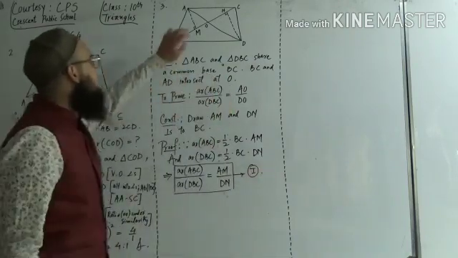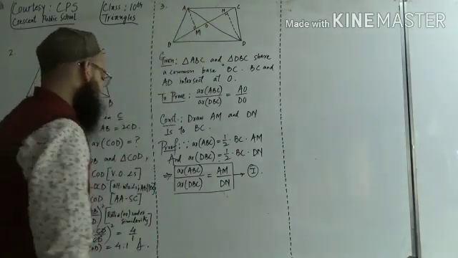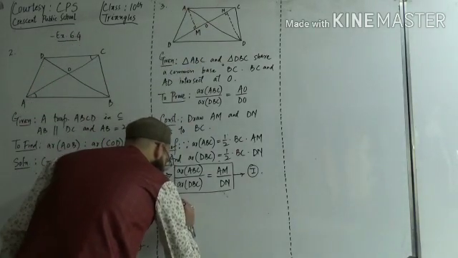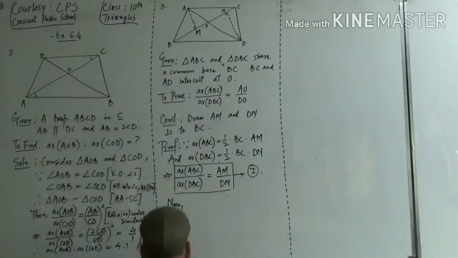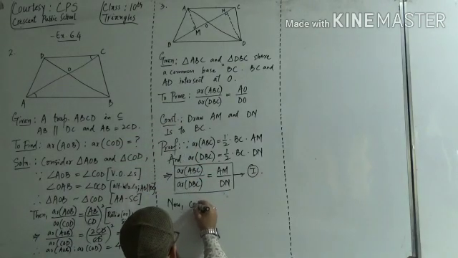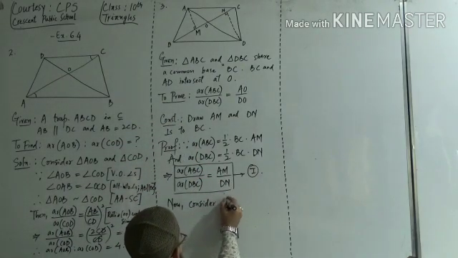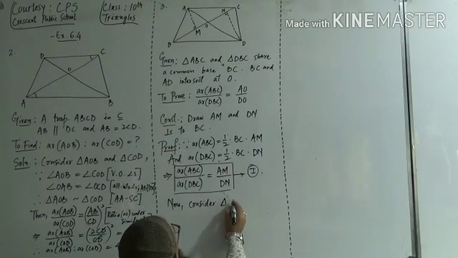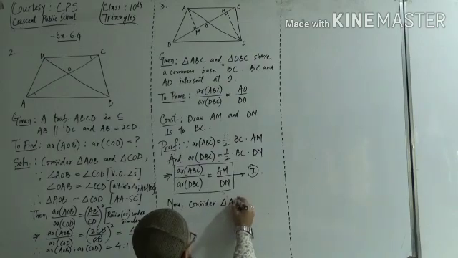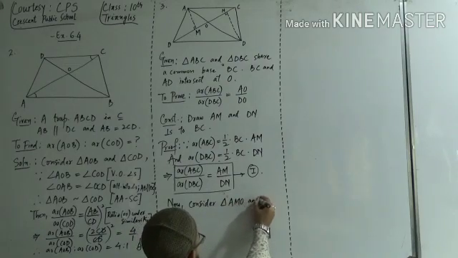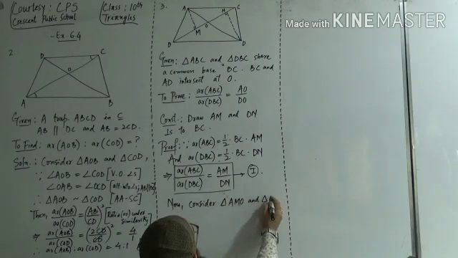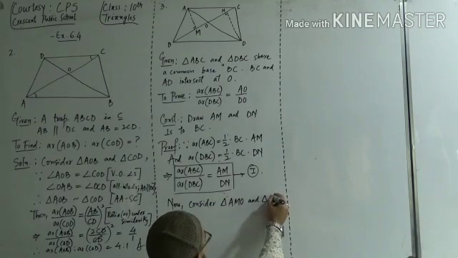Now consider this small triangle and this small triangle. Now consider triangle AMO and triangle DNO.